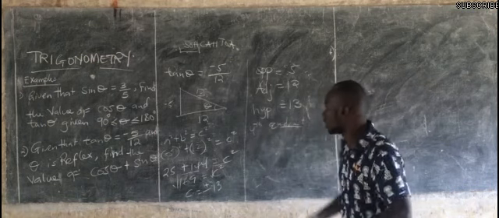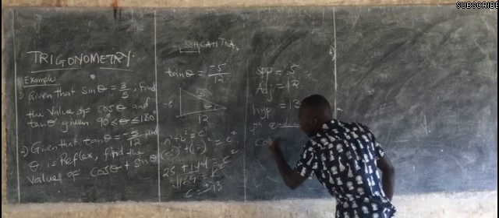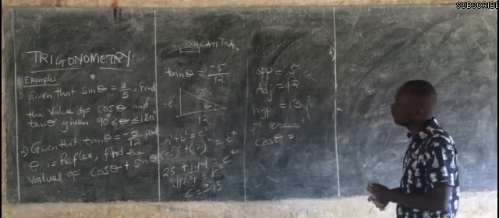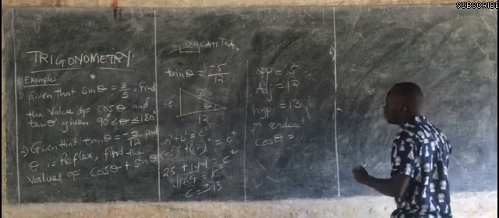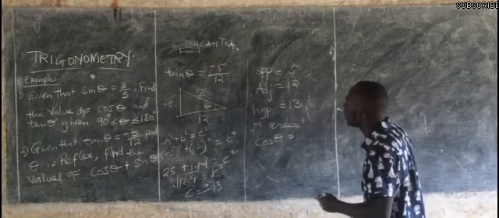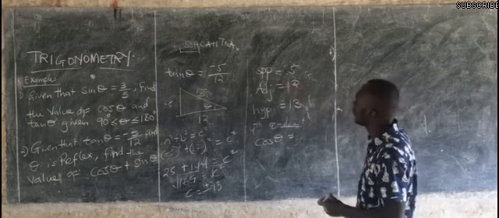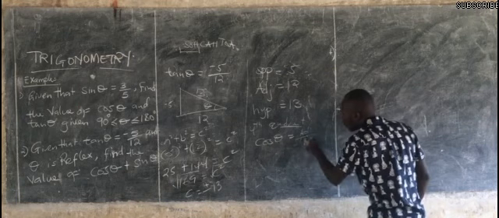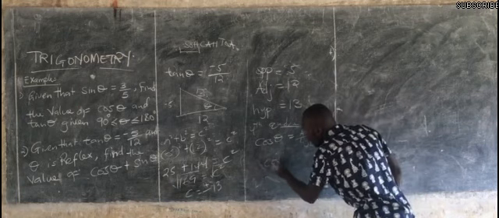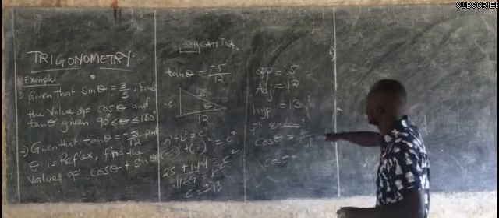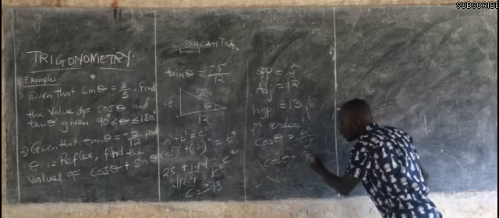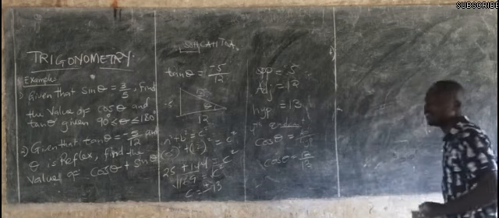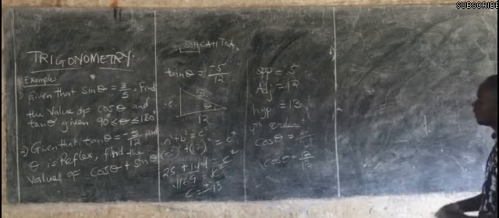So I'm going to get the value of cos theta first, knowing that in the fourth quadrant, cos must be positive. Recalling SOHCAHTOA, cos is adjacent over hypotenuse. So my cos theta is the adjacent, 12, out of the hypotenuse, 13, and it is positive in this scenario.